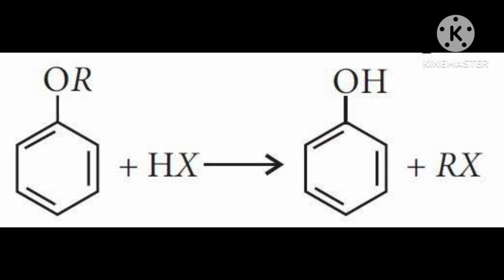Oxonium ion is formed by protonation of ether: H comes near the O and an O-H bond forms. This is called protonation, and O has a positive charge.